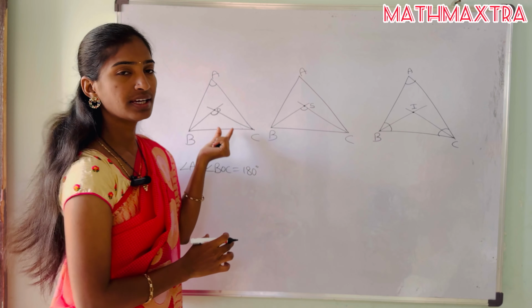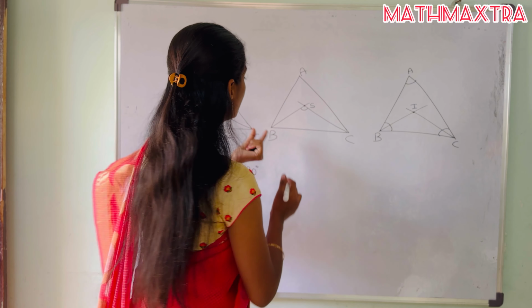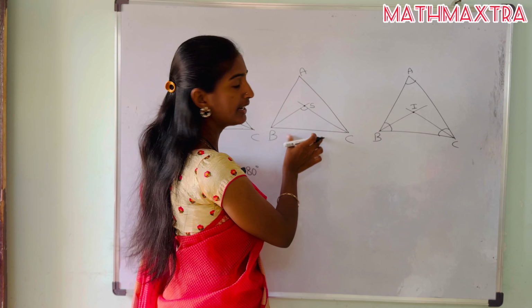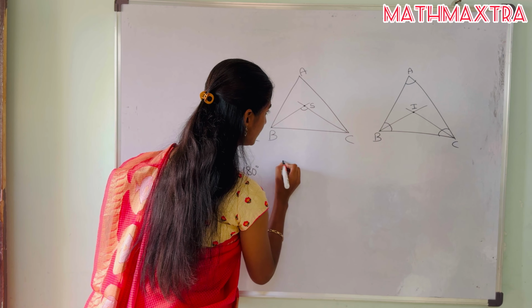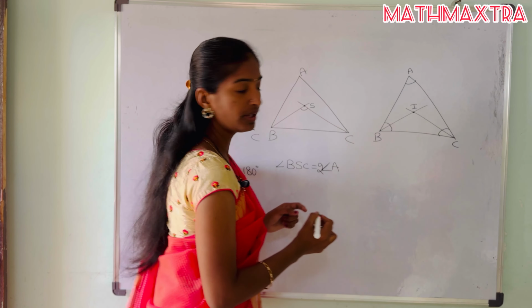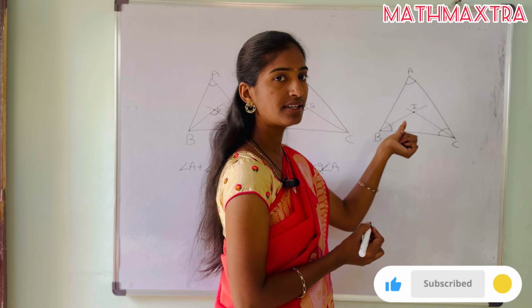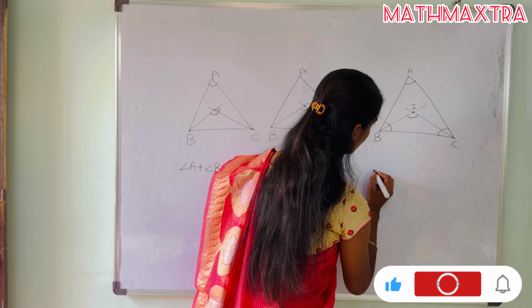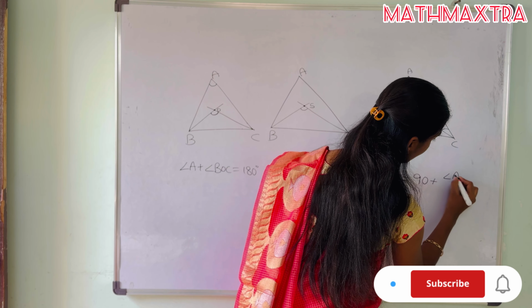Now S is the circumcenter. Here the angle formed by this side at the circumcenter is always twice angle A, that is angle BSC is equal to twice angle A. In the case of the incenter, I, the angle formed by this side at the incenter, angle BIC, is always equal to 90 plus angle A by 2.